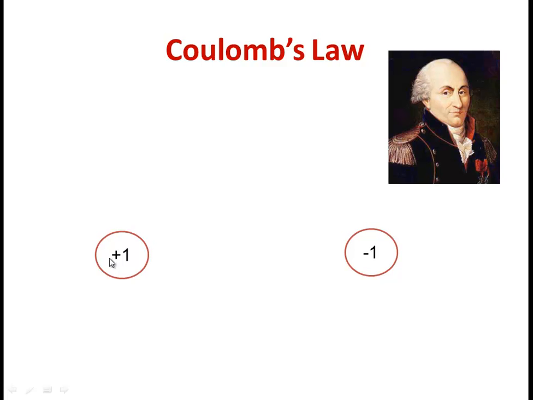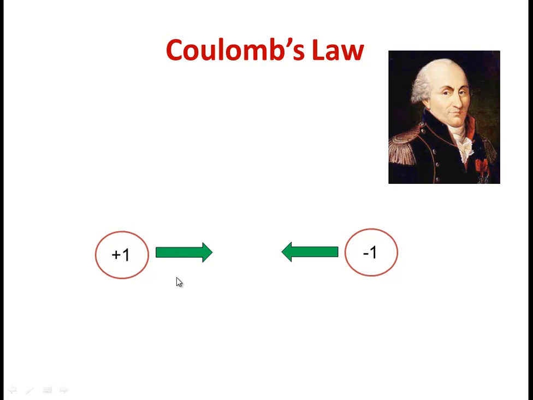So, for example, let's say we have two particles. One has a positive charge, the other one has a negative charge, and you can have different degrees of charge. The number just tells you that this one has 1 unit of positive charge, the other particle has 1 unit of negative charge. Especially when charged particles are in close proximity, they definitely exert a force on each other.